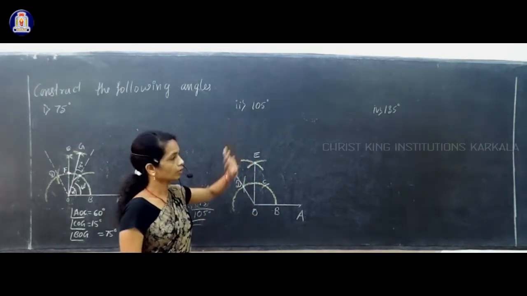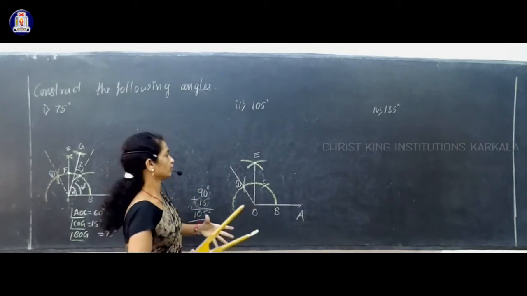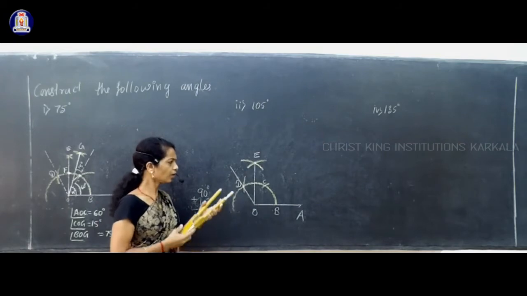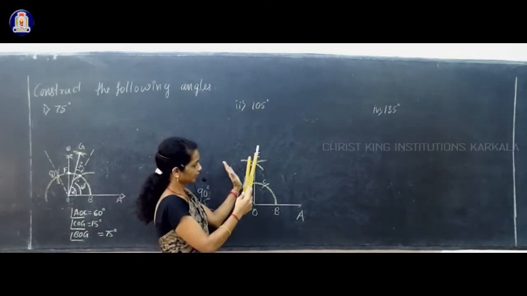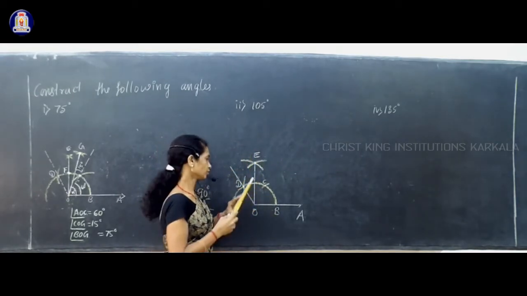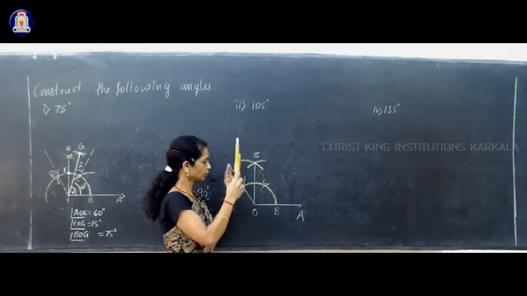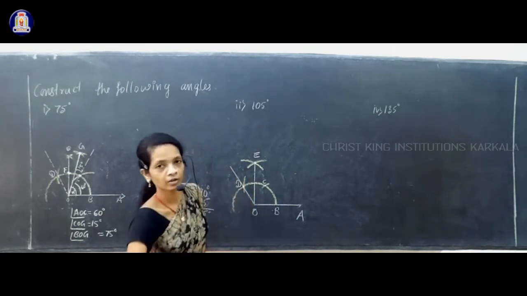That gives you 105 degree. Okay. So how to construct 15 degree? Here you have to draw the angle bisector of this 30 degree. In between the 120 degree line and the 90 degree line, you have 30 degree. That you have to divide into two equal parts, which means you have to draw the angle bisector of this 30 degree.